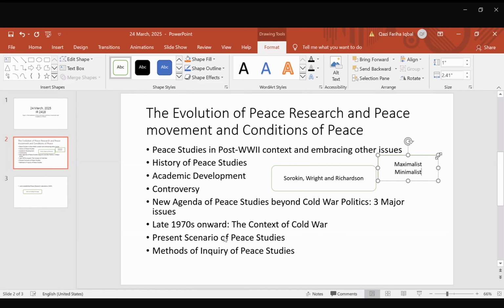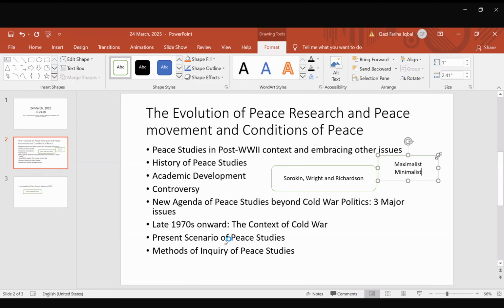One of the pioneers of the maximalist approach was Johan Galtung. When he introduced the concept of structural violence, that was basically an indication of the maximalist approach. So what is the minimalist approach? The minimalist approach focused on the original aim of peace research. What is the original aim of peace research?